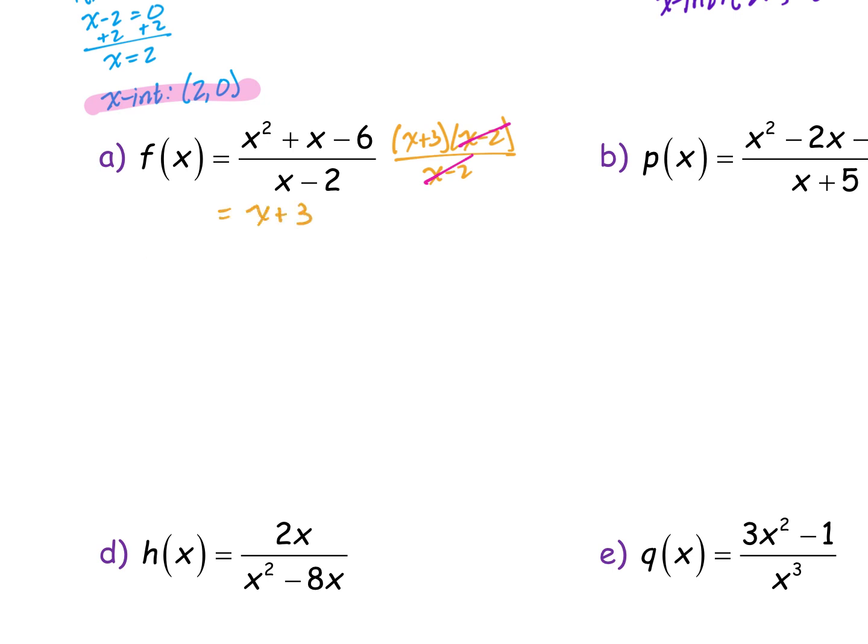So I have a y-intercept at 0. I put a 0 in and I get 0 plus 3, which is 3. And for the x-intercept, I set it equal to 0. So 0 equals x plus 3, subtract 3. So I get negative 3, 0.